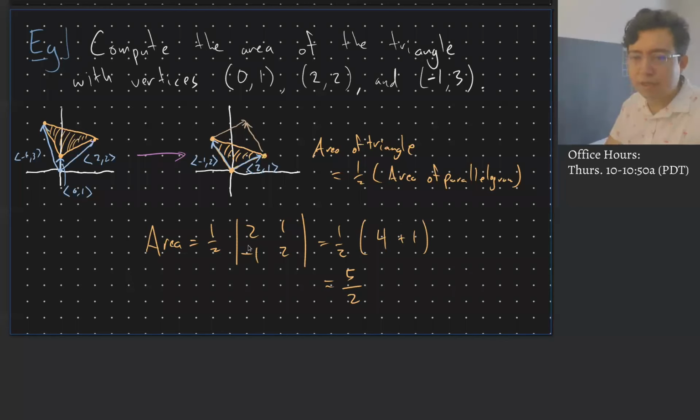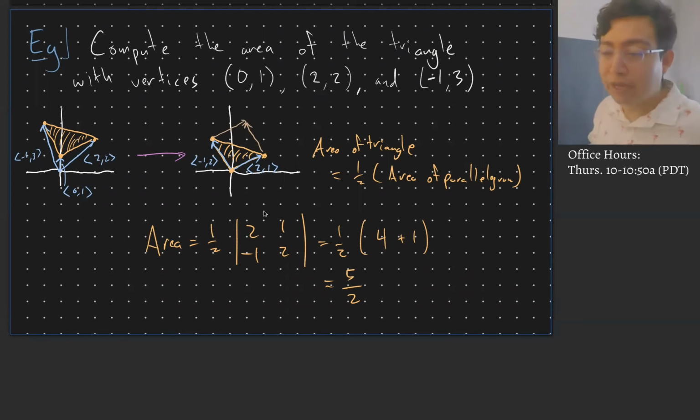So someone asked, does it matter which point we put on top? Maybe your first instinct was to say, okay, -1, 2, 2, 1. Like we saw when we were computing determinants, all that does is throw in an extra negative sign. So if you had put them in the opposite order, you would have gotten a -5 here, which you can just drop, since we're computing an area. So all that changes if you change which one goes on top is the negative sign.